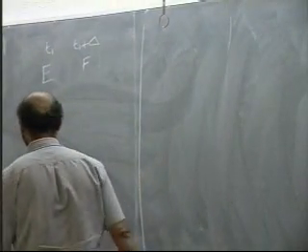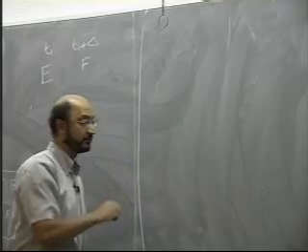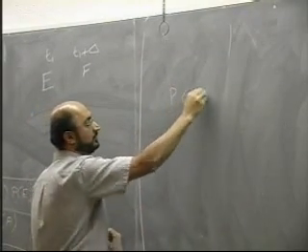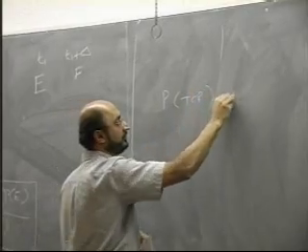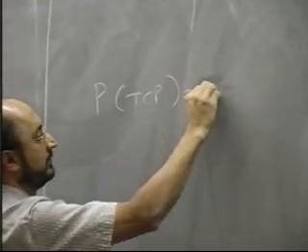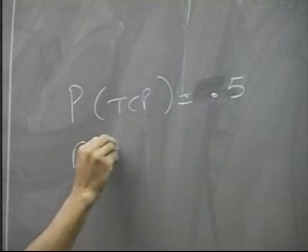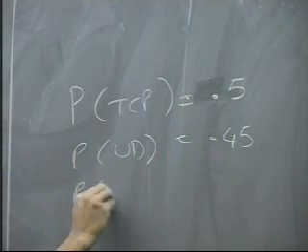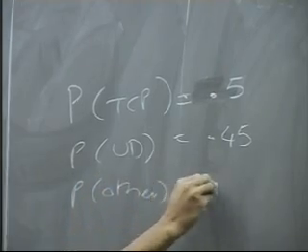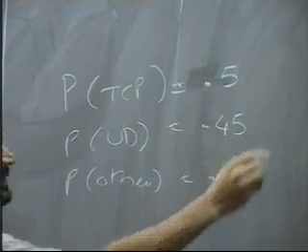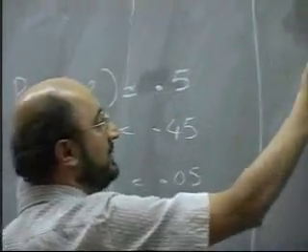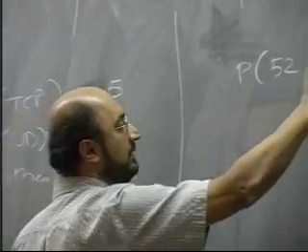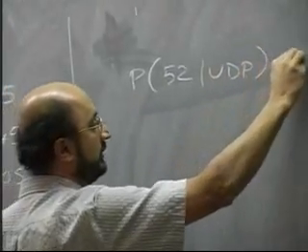I'm going to continue with that UDP, TCP example over here. And to do that, first I'm going to remind you about something. So I had this link, and the probability of TCP was 0.5. The probability of UDP was 0.45. Probability of other was 0.05. And then I also said that 20% of UDP packets are 52 bytes, so P(52 given UDP) was 0.2.